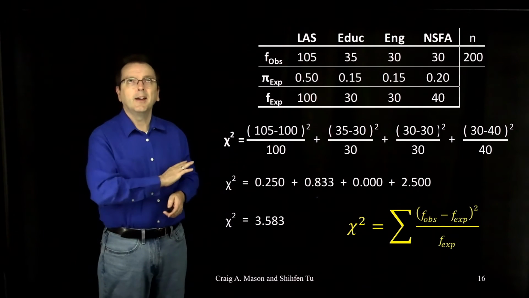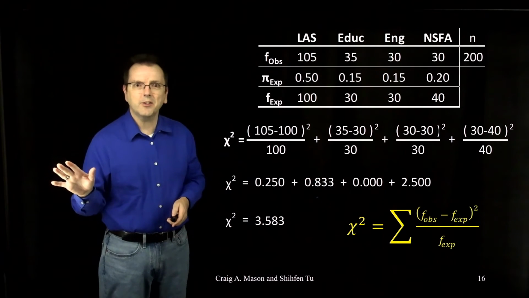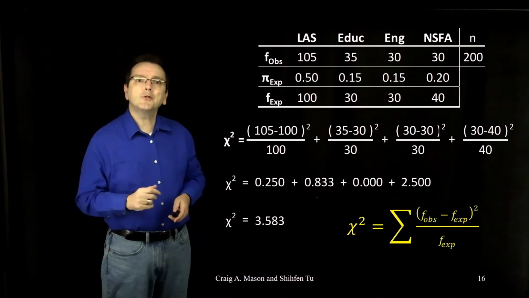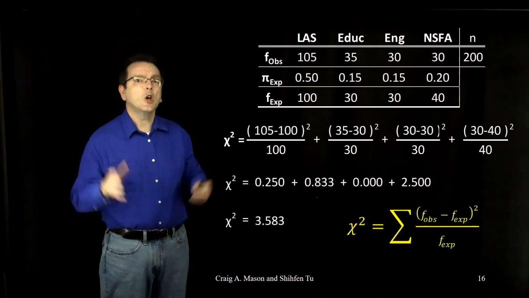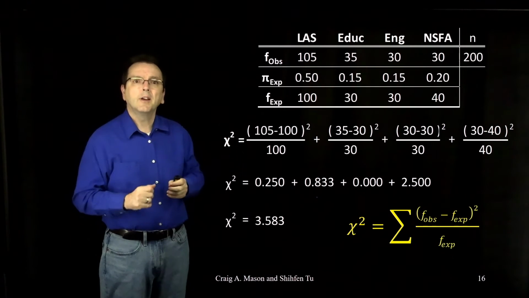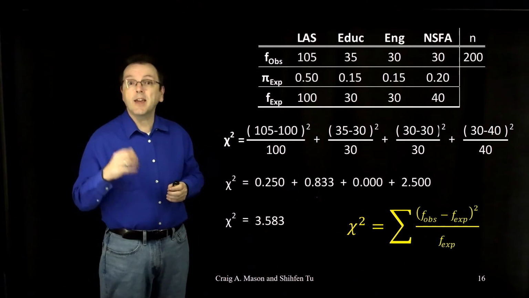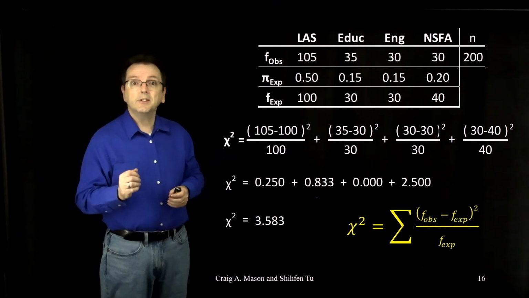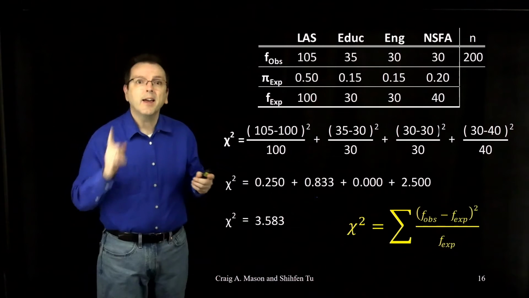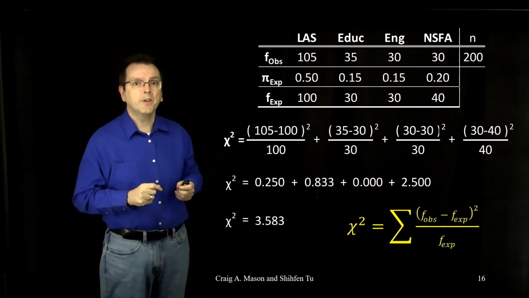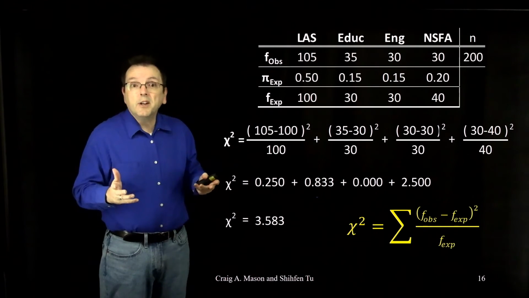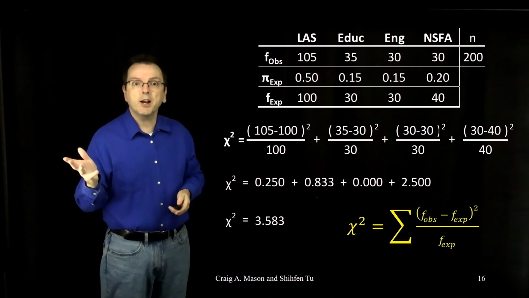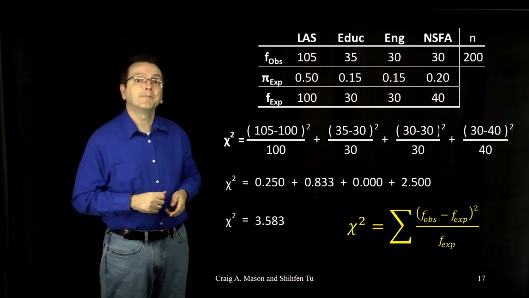So again, just like all the other statistical tests, the question comes down to whether our chi-square is so large that the probability of getting a value that large or larger is just so unlikely, if the null is true, that we conclude the null probably isn't true, and we reject the null hypothesis.